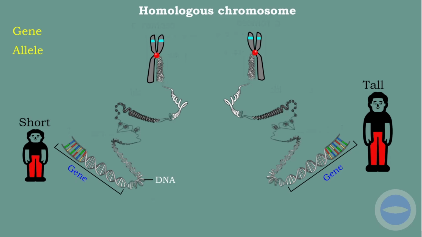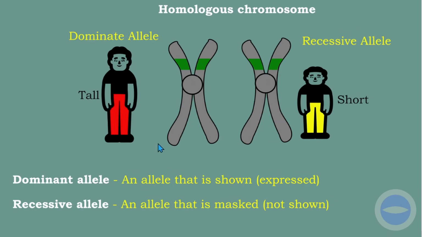Going to the next, we have the dominant allele and the recessive allele. A dominant allele is an allele that is shown, or expressed. If you find someone who is tall, that means tall is dominating. This one is for tall, and this one is for short.